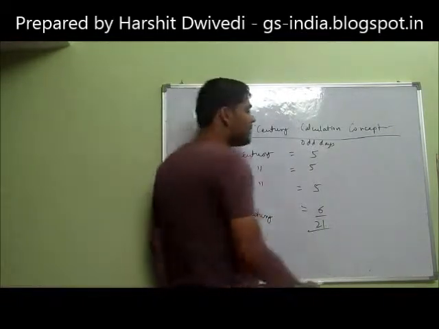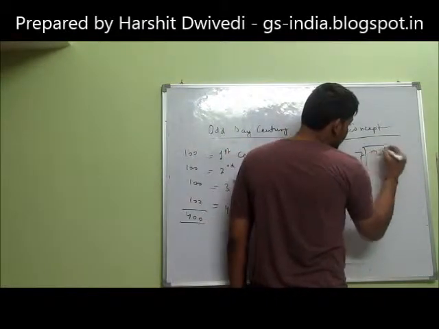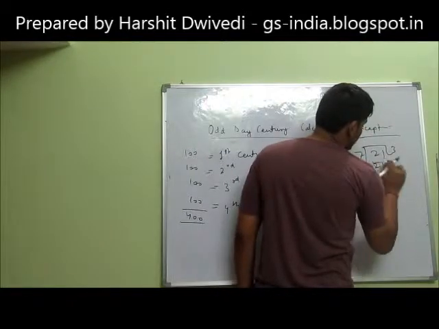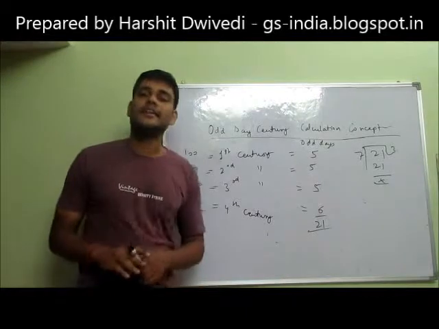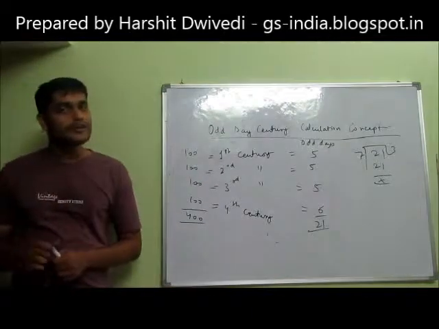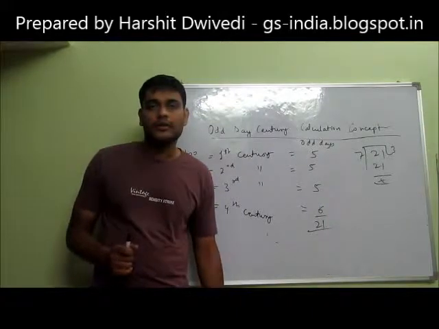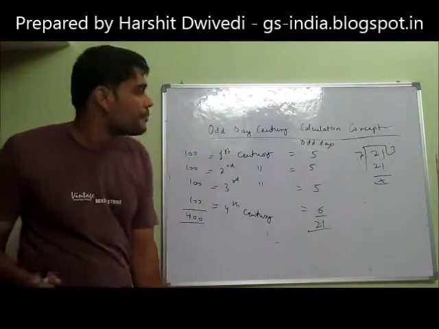Now again, I will have to divide this 21 in groups of 7. I will find that it is exactly divisible. So what does this tell us? This tells us that the number of odd days in the first 400 years is 0. What does this imply?